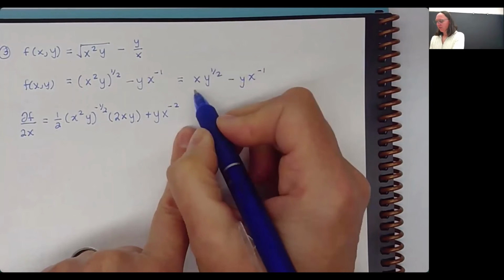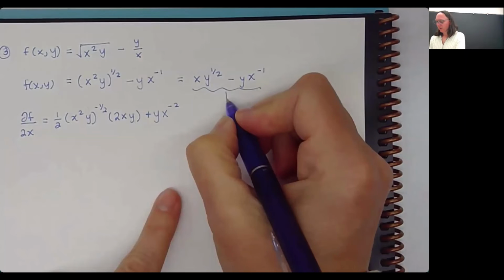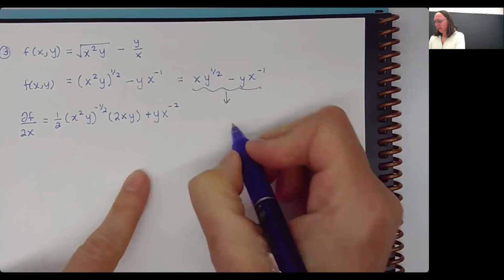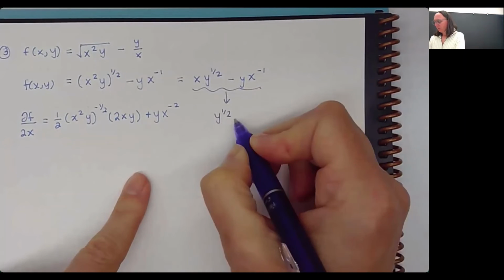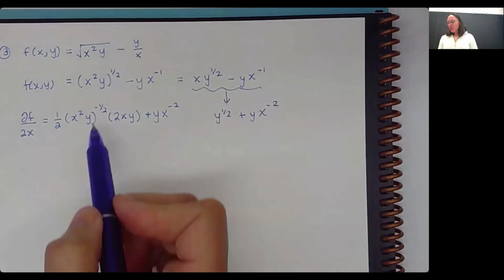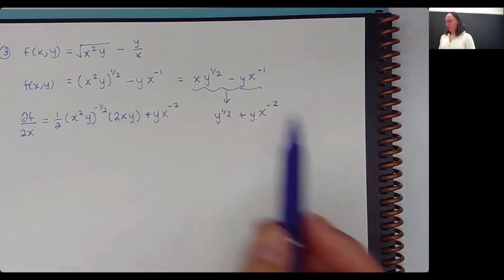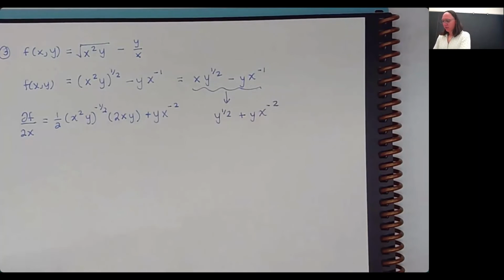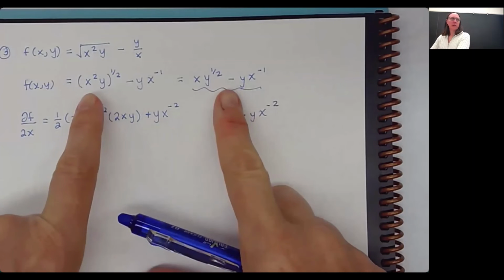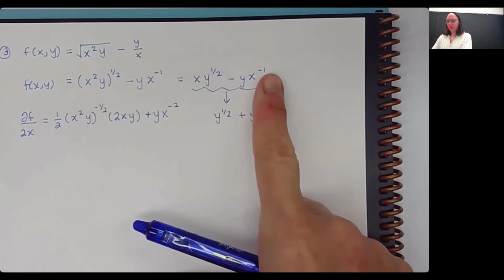Alternately, if this is the version you wrote, then when I take that partial with respect to x, I'd have y to the 1/2 plus y x to the negative 2. Which, if you clean this up, those will be equivalent. Which way did you all rewrite it, by the way? That one? That one. Okay.